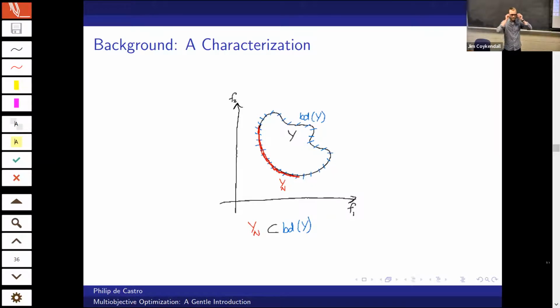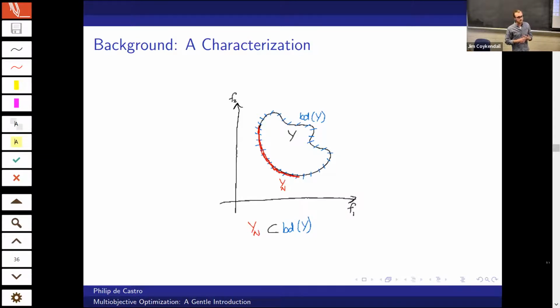What are you assuming on your function now, though? Are you assuming any kind of continuity? In this little example, no, we're not really assuming anything. You can't have a broken Pareto set, right? It doesn't have to be connected. It doesn't have to be continuous.